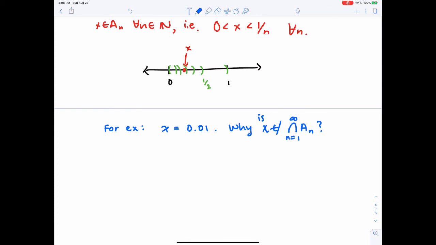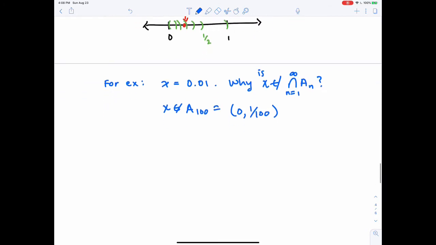Well, you would need to tell me a value of n that x doesn't belong to. And the first value of n that it doesn't belong to is 100. x is not in A sub 100. Remember, A sub 100 is the open interval from 0 to 1 over 100. And since it's open and x is the right endpoint of that interval, we don't include it.